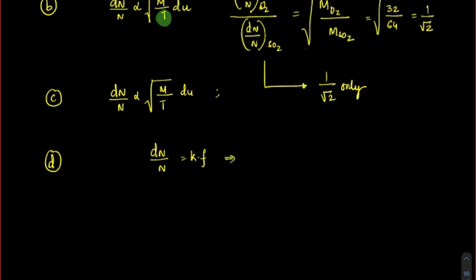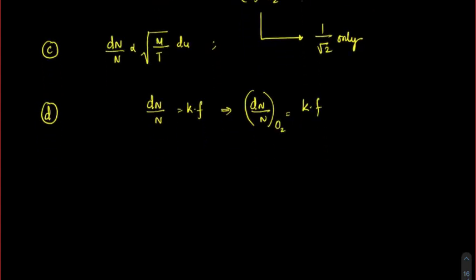So dn by n of O2 will be equal to k into some fraction, and dn by n of SO2 will be equal to the same constant into the same fraction, because he said the same fraction, take 0.5 for both of them.